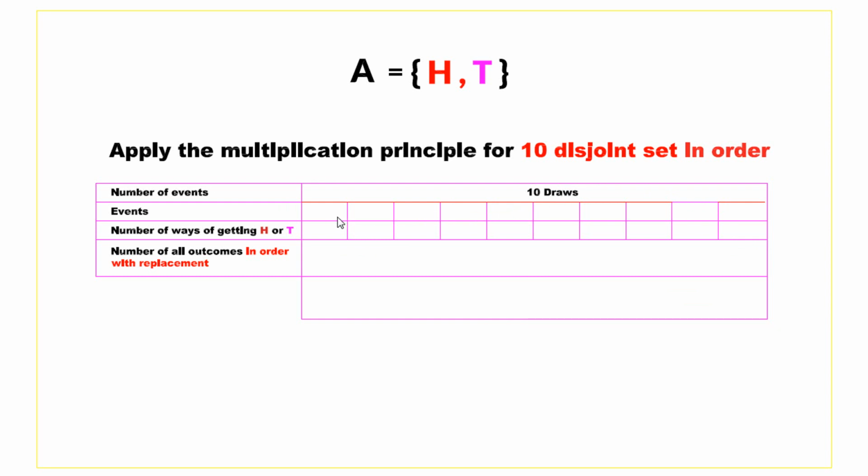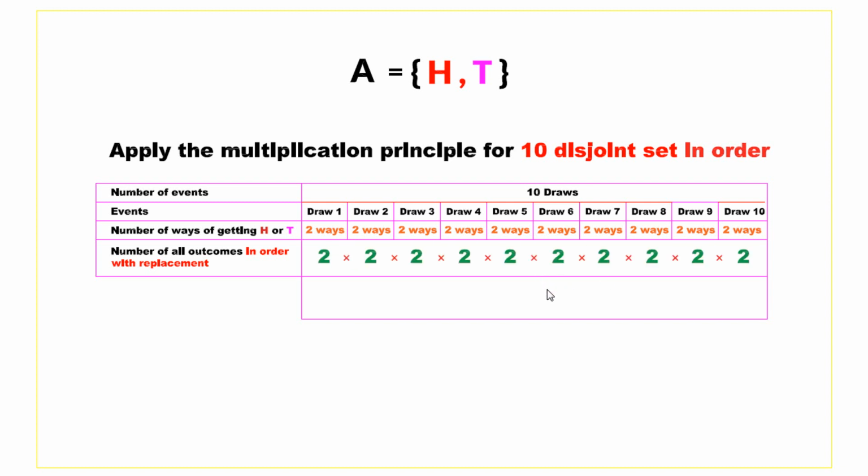So for the first draw we have 2 ways, and for the second 2 ways, and the third, and so on until we arrive at the final draw, which is the 10th draw. And now the number of all outcomes in order and with replacement can be obtained by multiplying all these ways together, and we get 1024 elements in the sample space.